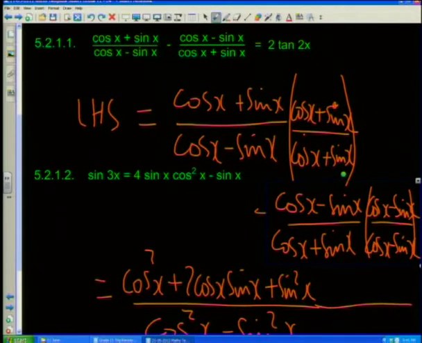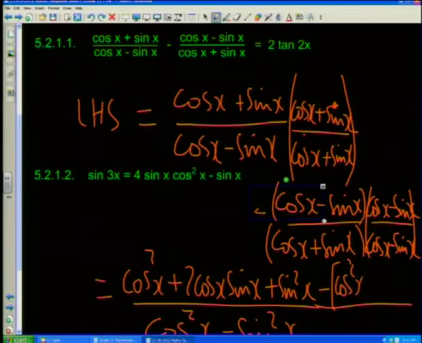On the second part, you've got minus, and let me put a bracket so that we don't confuse this with the minus that is outside. So there is a negative outside, but in it you've got cos squared x minus 2 sine x cos x plus sine squared x. That's what you have on the right-hand side.